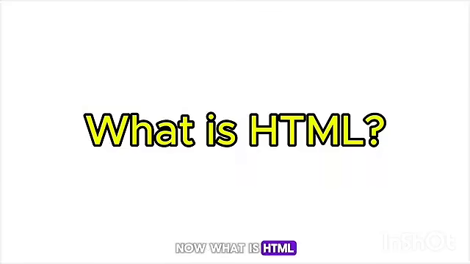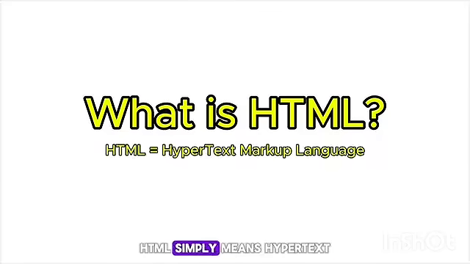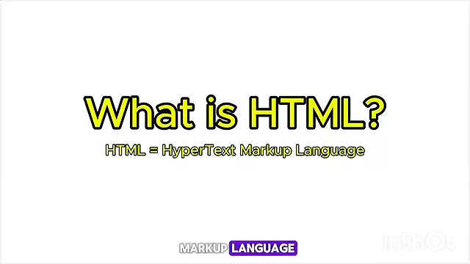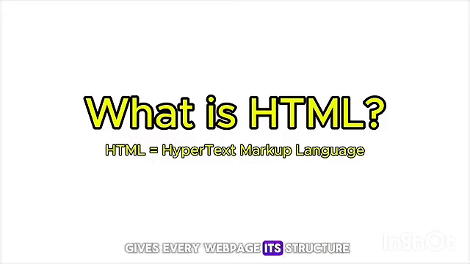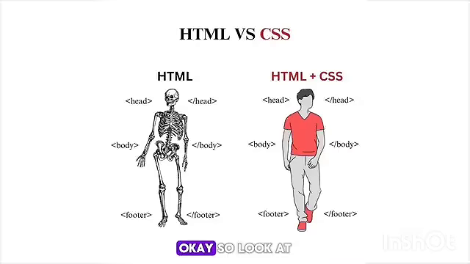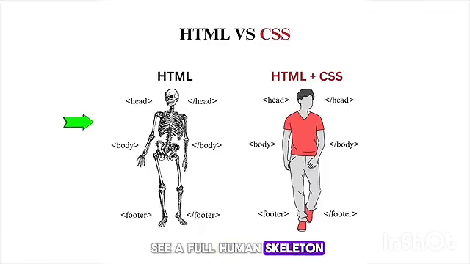Now, what is HTML? HTML simply means hypertext markup language, but you can just think of it as the skeleton of a web page that gives every web page its structure. Look at the image with me. On the left, you see a full human skeleton.